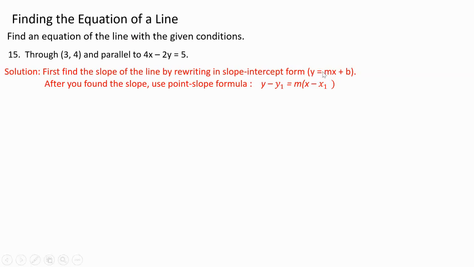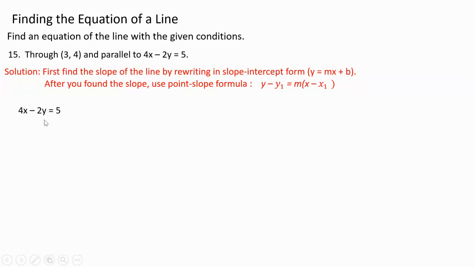Remember, guys, the slope is my m. So I have to rewrite this equation in proper form, and after I find my slope, I'm going to use the point-slope formula. If you recall from the lessons, parallel lines have the same slope. So whatever m we get here will be the slope that we use.